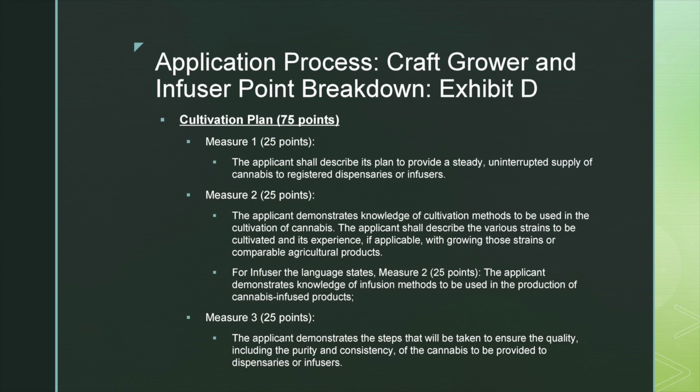The applicant shall describe the various strains to be cultivated and its experience, if applicable, growing those strains. For infusers, the language states, Measure 2, also worth 25 points. The applicant demonstrates knowledge of infusion methods to be used in the production of cannabis-infused products.